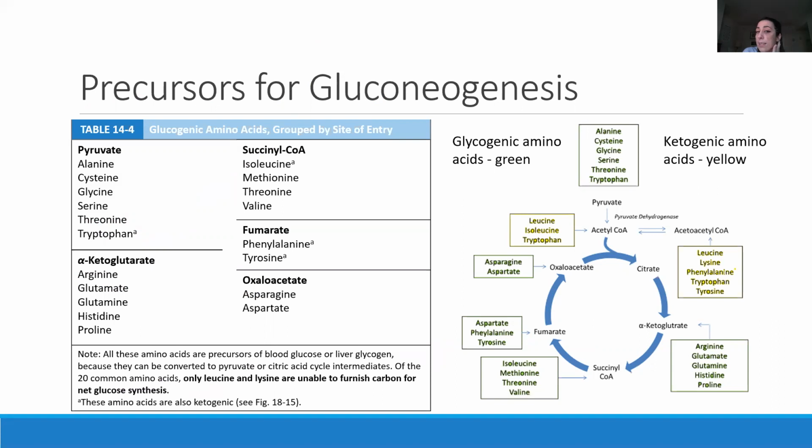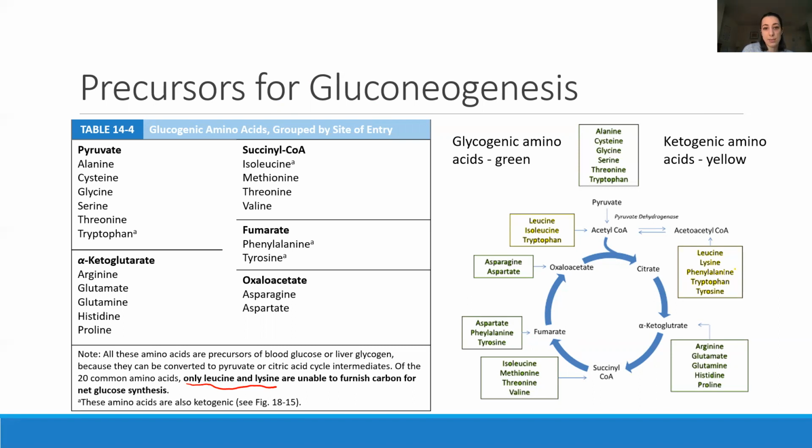The amino acids that can be turned into glucose have a name. They are called glycogenic amino acids. These are almost all of the amino acids. In fact, only leucine and lysine are unable to furnish carbon to make glucose. And these amino acids can come from a variety of areas.